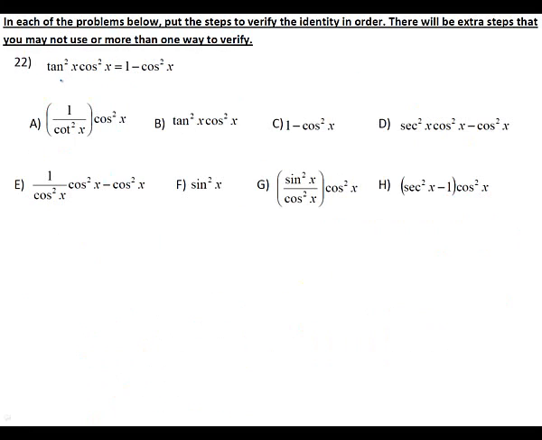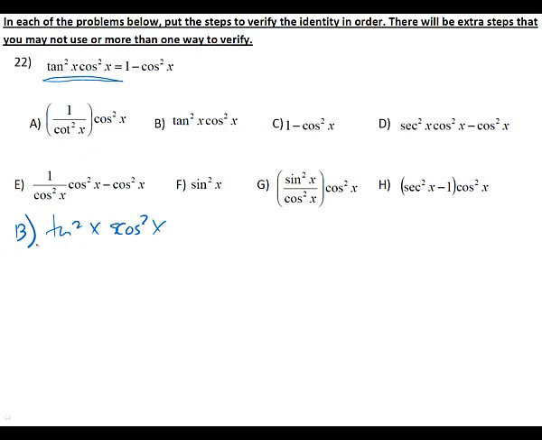So let's start by turning things into sines and cosines instead of using the Pythagorean identity. I'm going to work with the side first. So what would my first step be? Wouldn't I just write the original down? Yeah, so which letter is that?